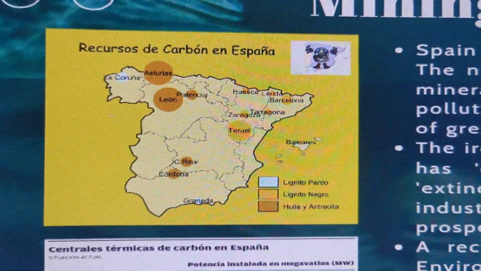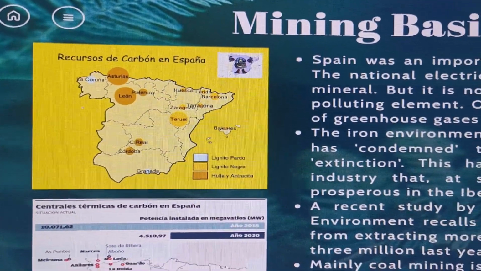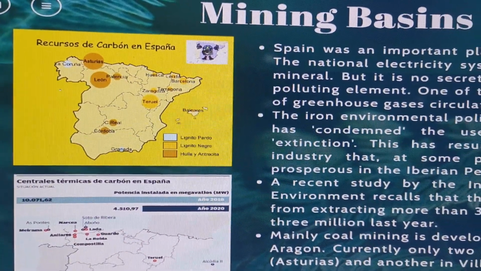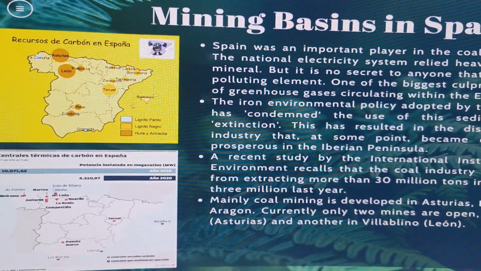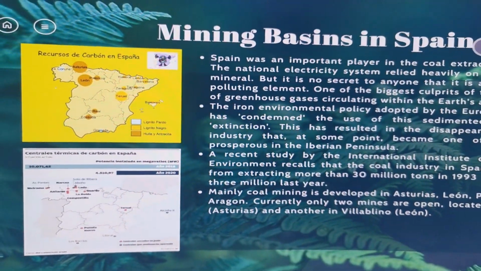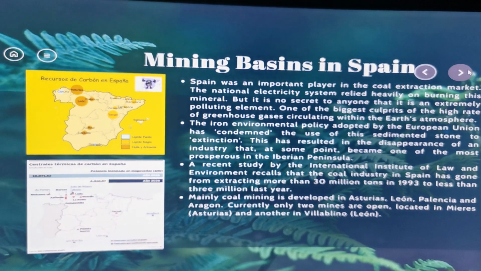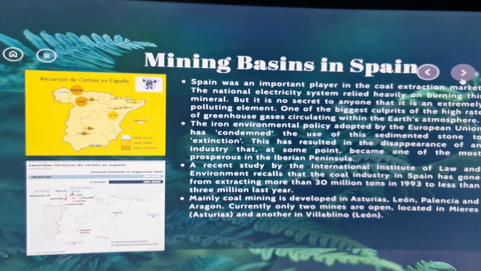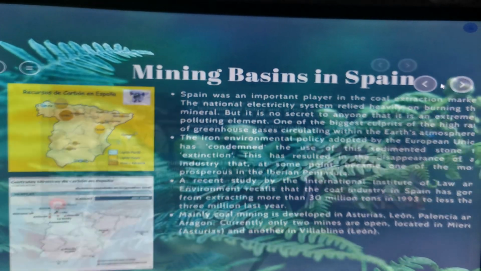The mining basin of Asturias is located in the two central valleys that join the Cantabrian Mountains and the Central Asturian Plateau. The type of coal that is extracted here is called hulla. It is the most abundant type of coal in the world, with a black color and matte shine. The mining basin of Teruel is located in the north central area of the province.